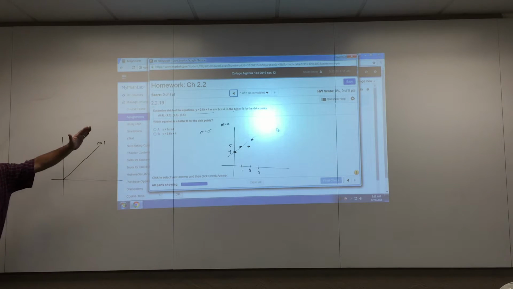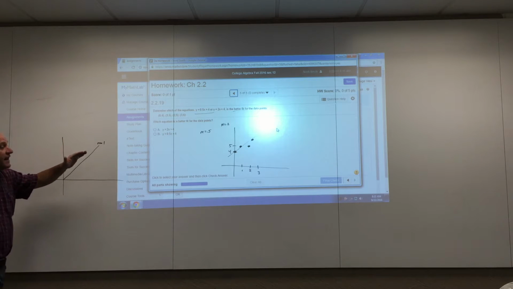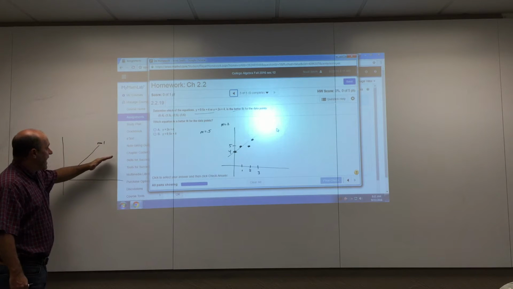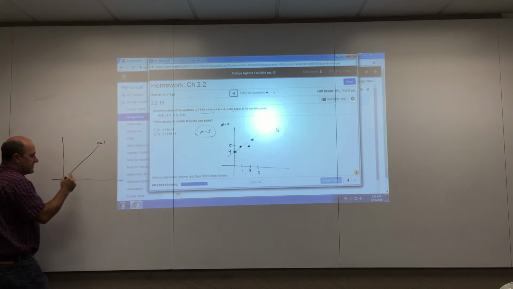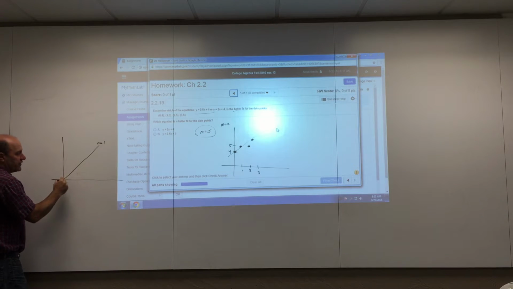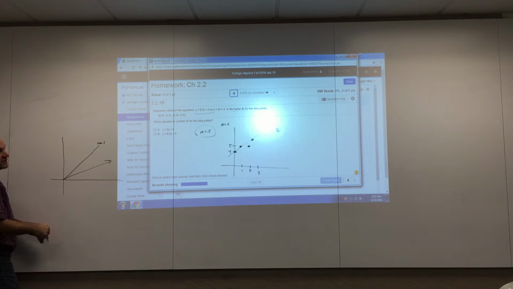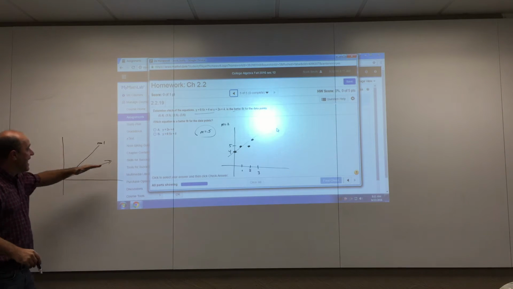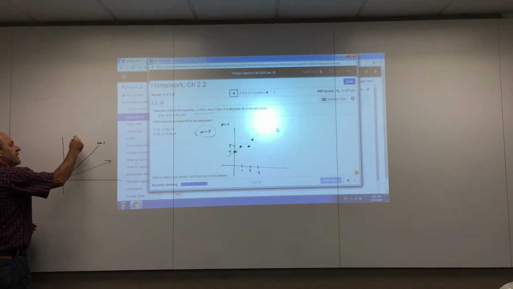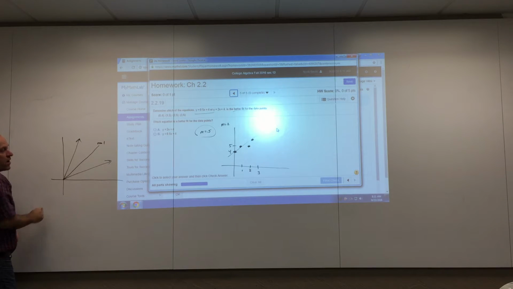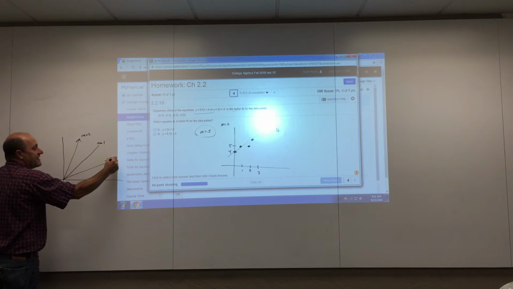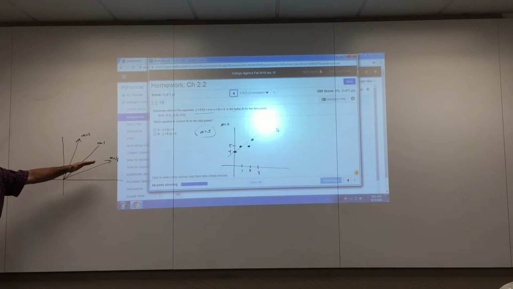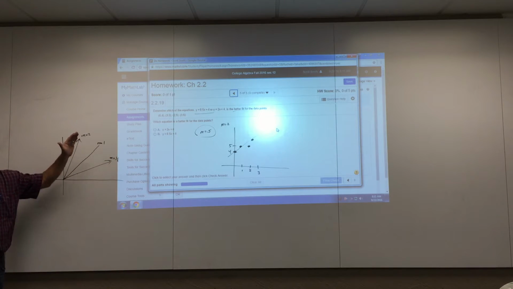Anything less than a slope of 1, like a half, is up 1 over 2. So it's kind of here, and a slope of 2 is steeper than that, like up 2 over 1. So I have this idea when I think of slopes. That's a shallow slope. That's a steeper slope.